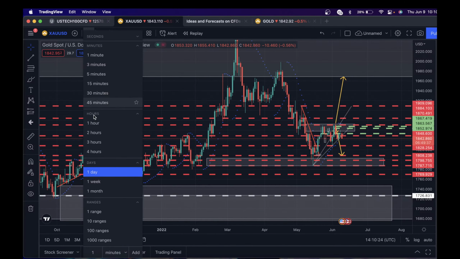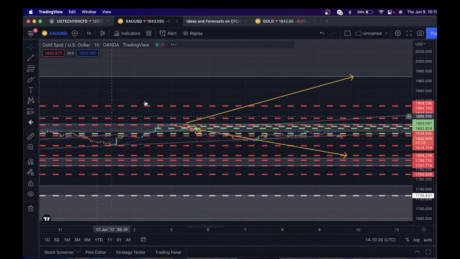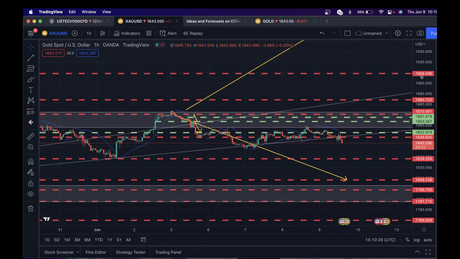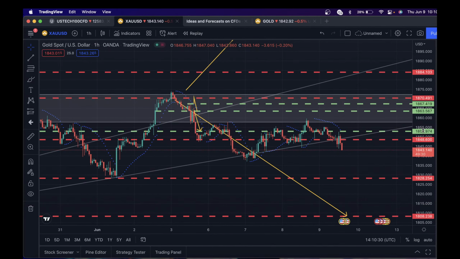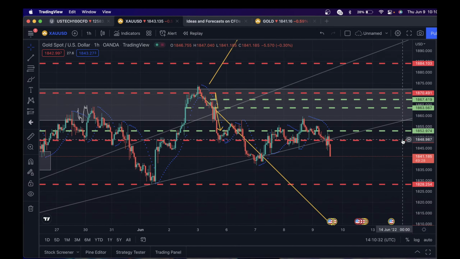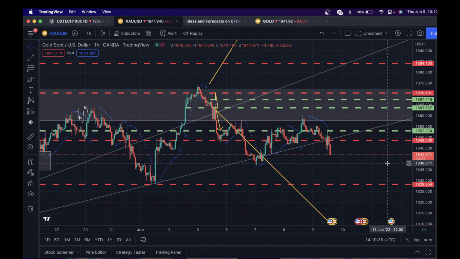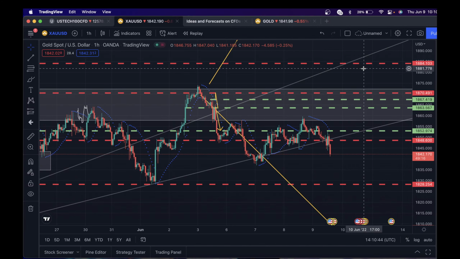Like I said, it's coming down now. Let's look at the 1 hour time frame. We are near 1841. If we break this high, we can go to 1870 also, like 1870 or 1884. And if we break this low, we will go to 1830.